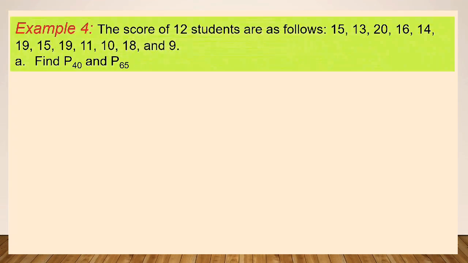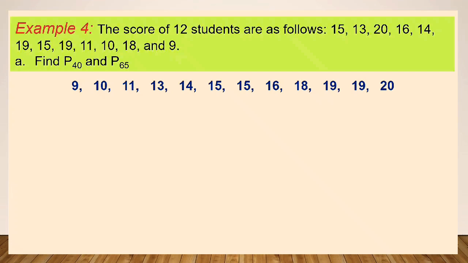And finally, class, for our final example, in applying the rules of linear interpolation, considering these are the scores of the 12 students, we are asked to identify the 40th and the 65th percentile.